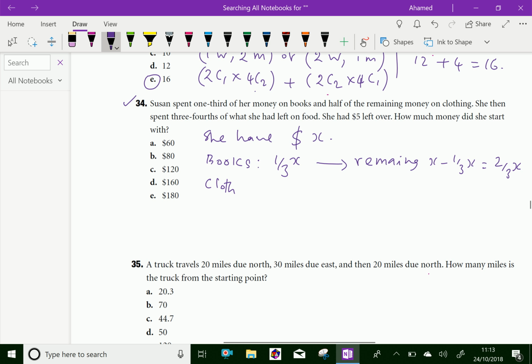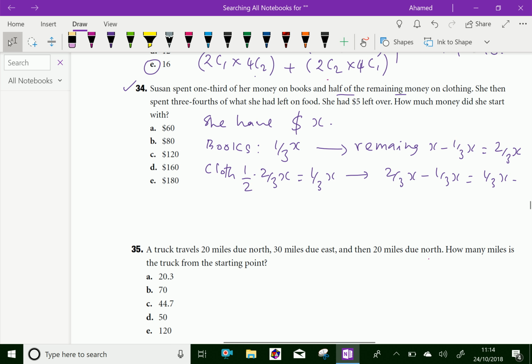Half of the 2/3 of X is 1/3 of X. The remaining is 2/3 of X minus 1/3 of X, which is further 1/3 of X.